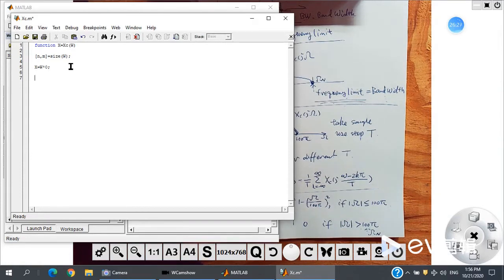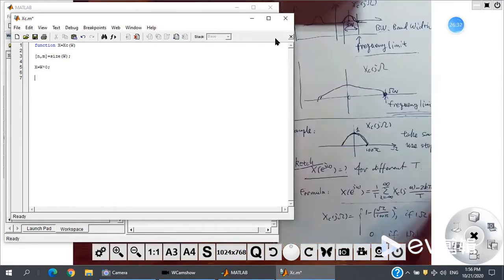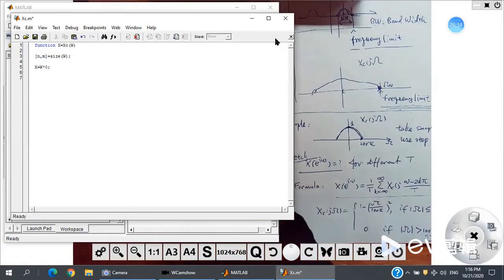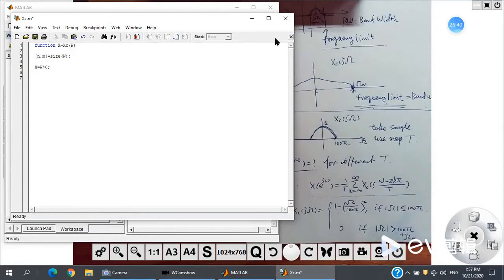So we know Xc. Xc is here, it should be 1 minus this if omega is smaller than 100 pi. We have this one, so I put it here. Now for I running from 1 to N times M, I write it this way.